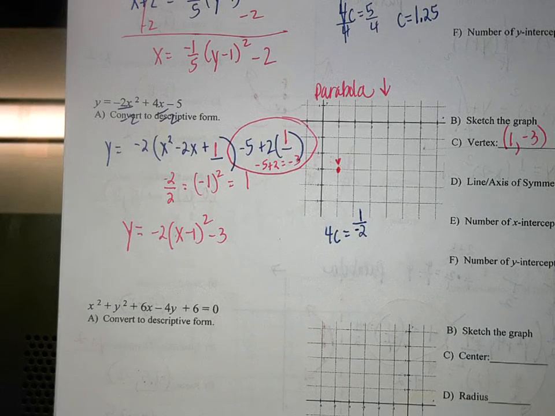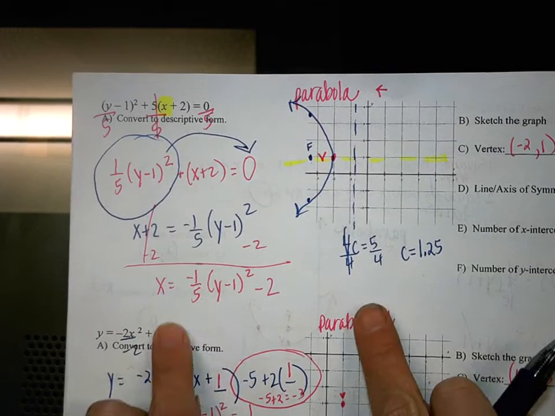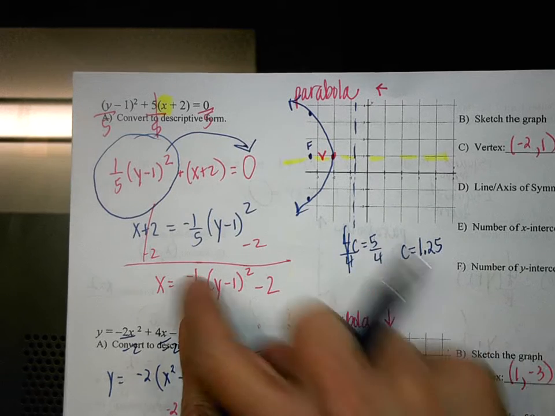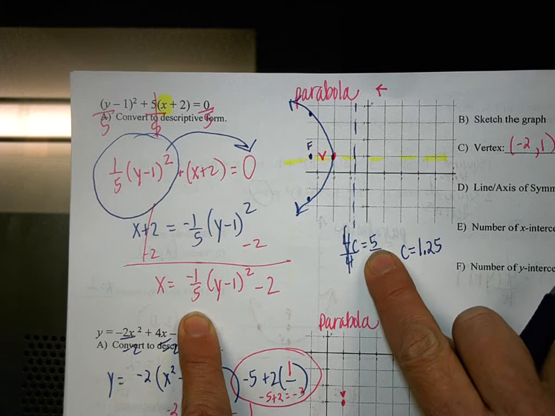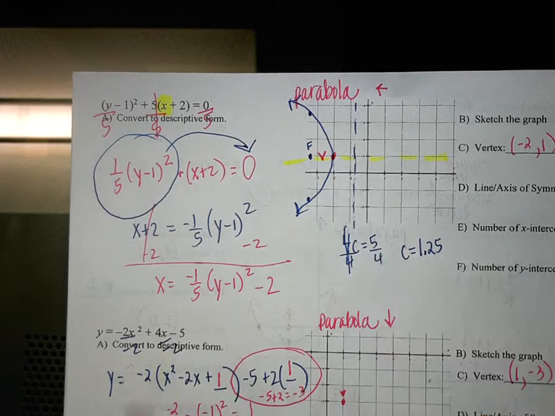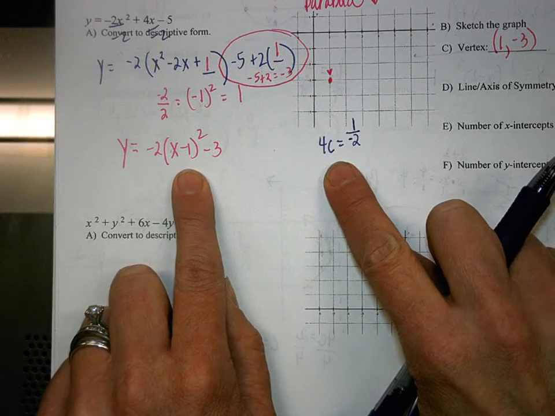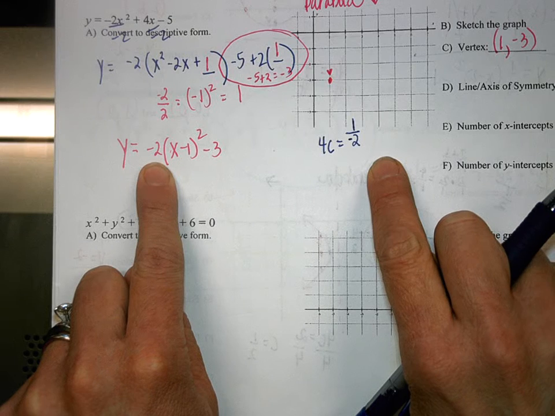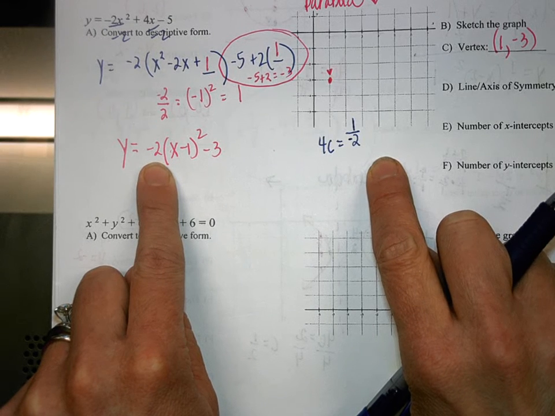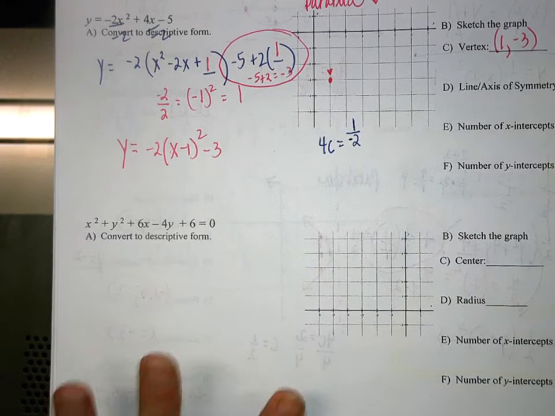Okay? Remember even here, 4C equaled, we flipped this around and made it a 5. Right? 4C equals the reciprocal of 2, which is 1/2. Are we okay with that? Okay. Then we divide by 4 on both sides.